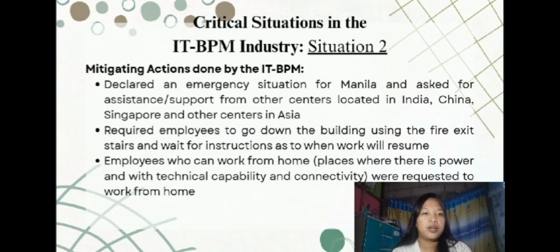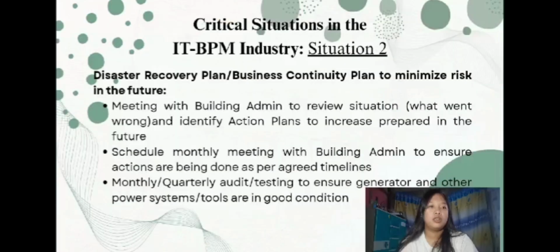This action prioritized employee safety while attempting to maintain some level of operation by leveraging remote work capabilities and seeking external support. Disaster recovery plans and business continuity plan to minimize future risks.